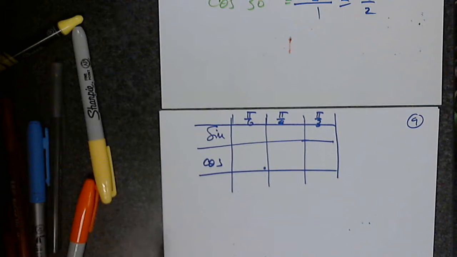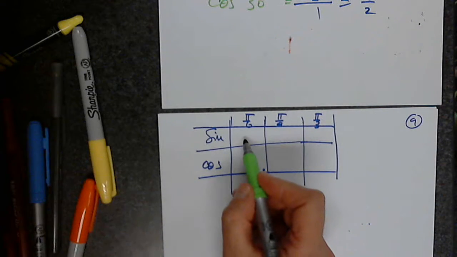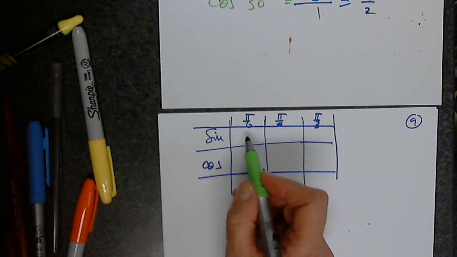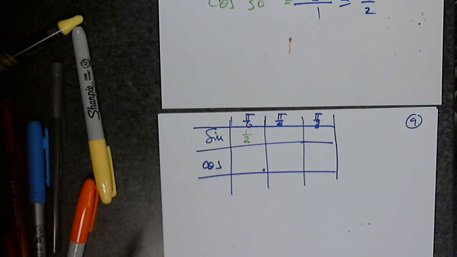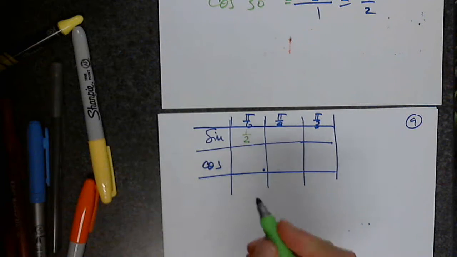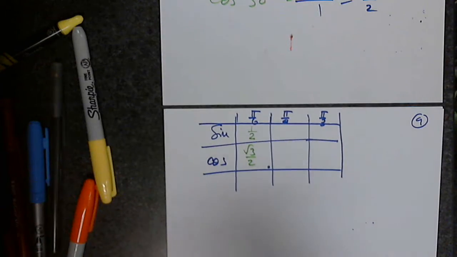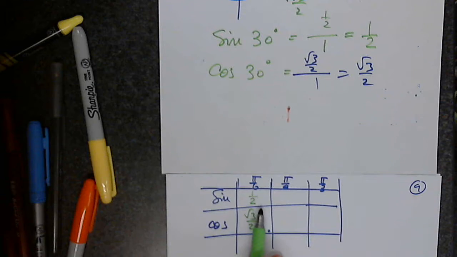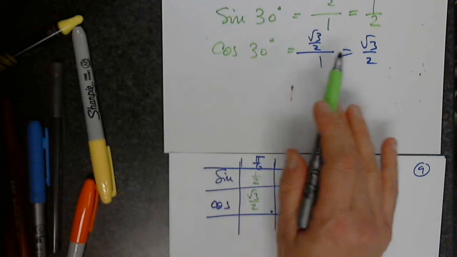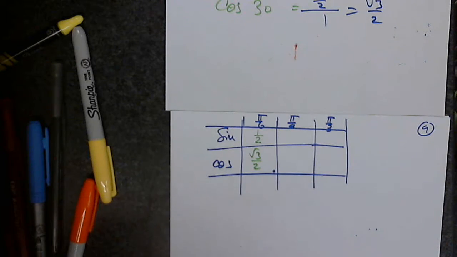I only worked on pi over 6. How much is the sine? Sine pi over 6. I will put it in. 1/2. How much is cosine pi over 6? The square root of 3 over 2. I already have these numbers. I just determined that sine 30 is 1/2, and I put it in my chart. I determined that cosine 30 is the square root of 3 over 2, and I put it in my chart. Are you with me? Okay.